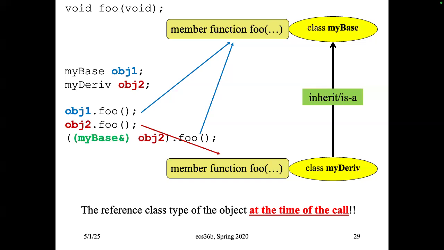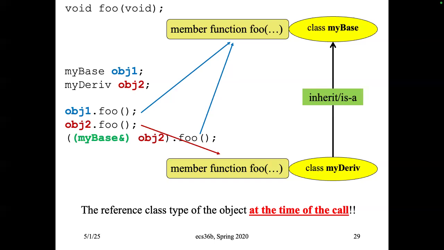If it's object2.foo, then I know object2 is of the data type class Derived. So when I call this line, I know this must be the class Derived foo implementation. At the time when you make the call, you have to see that particular line. What's the type? The type is object2, so I know.